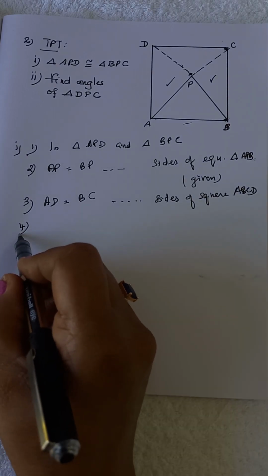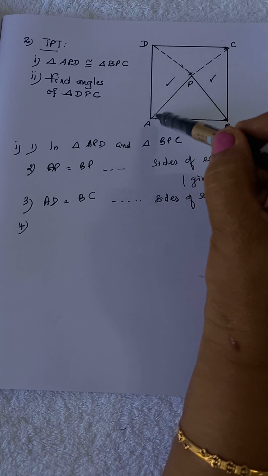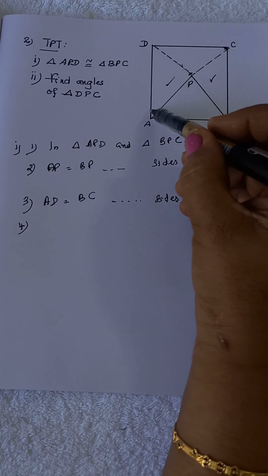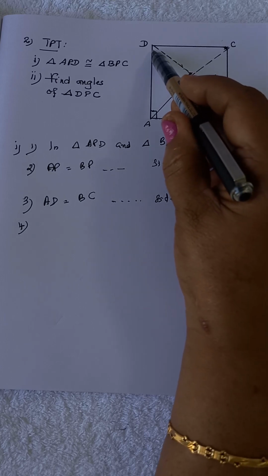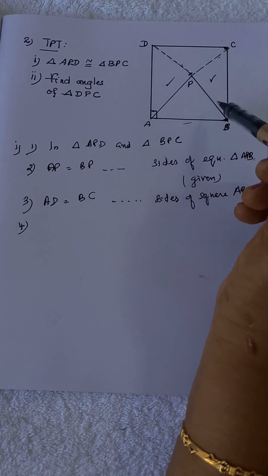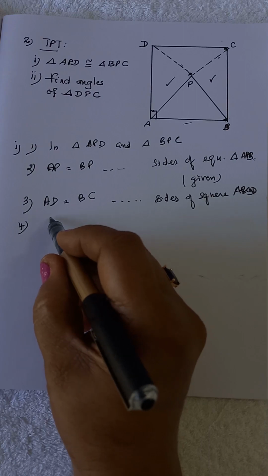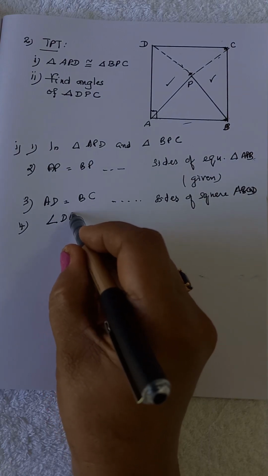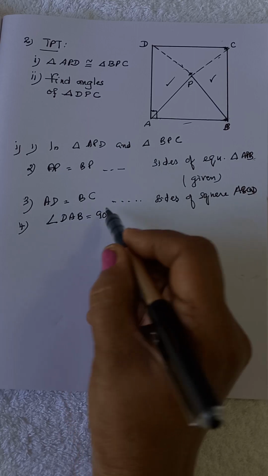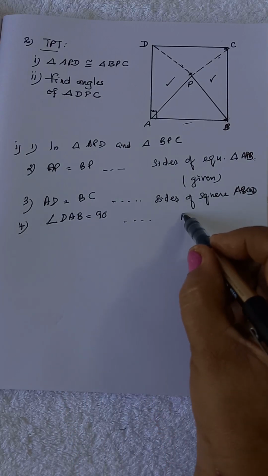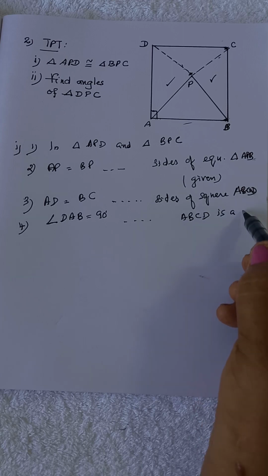Fourth point, we can write angle DAB is equal to 90 degrees. In the case of a square, each angle will be 90 degrees. So angle DAB is equal to 90 degrees. Reason is ABCD is a square.